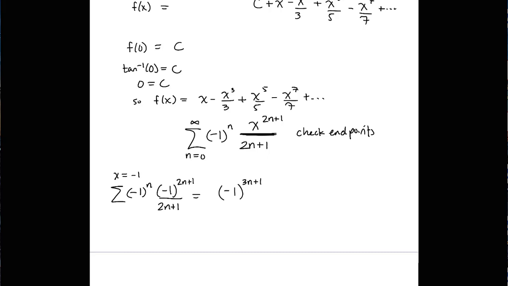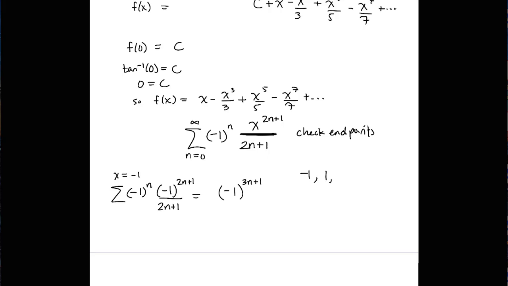So the multiples of 3, are they always anything? 0, 3, 6. They're not always odd. They're not always even. So maybe this is just kind of like the same as going every other, like being an alternating series basically. So if I plug in n equals 0, I get negative 1. If I plug in n equals 1, I get a positive.